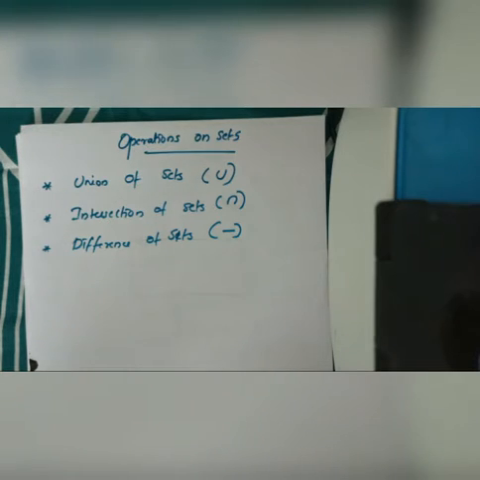All these operations we do using numbers. For performing an operation we require a minimum of two numbers. In the same way, we do some operations on sets. Between two sets we do some operations, and those are known as operations on sets.